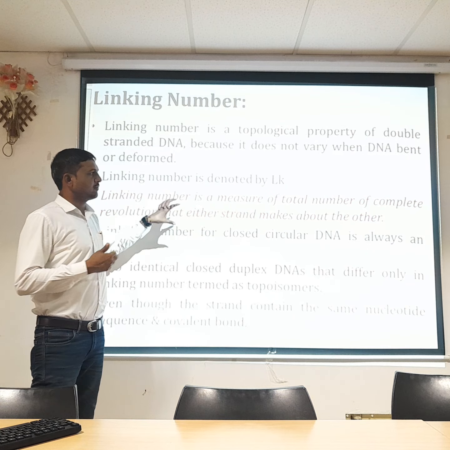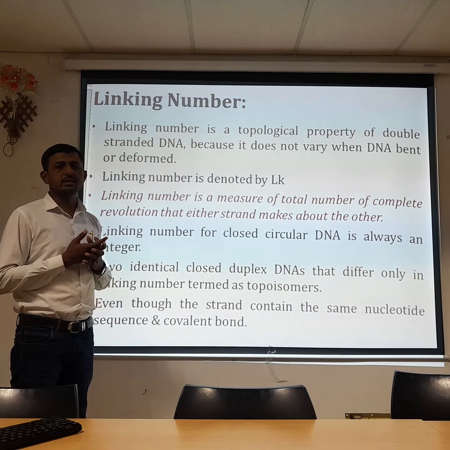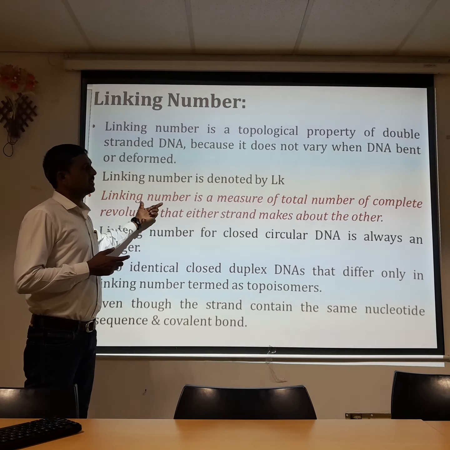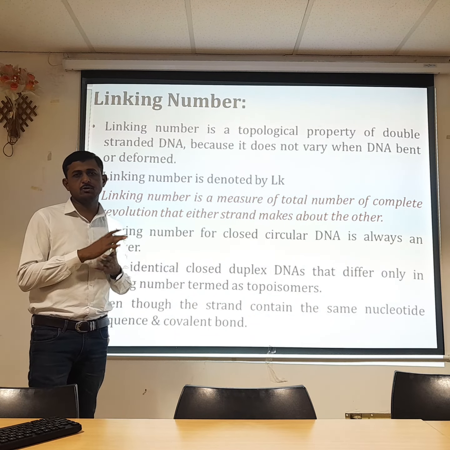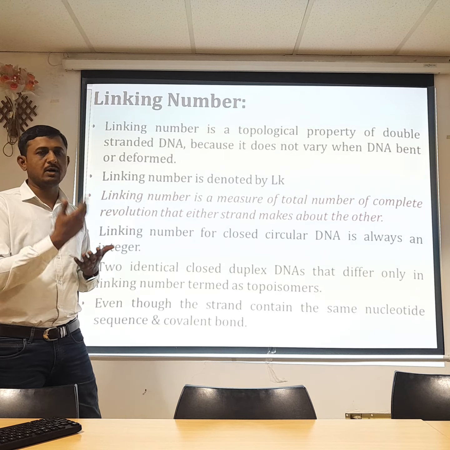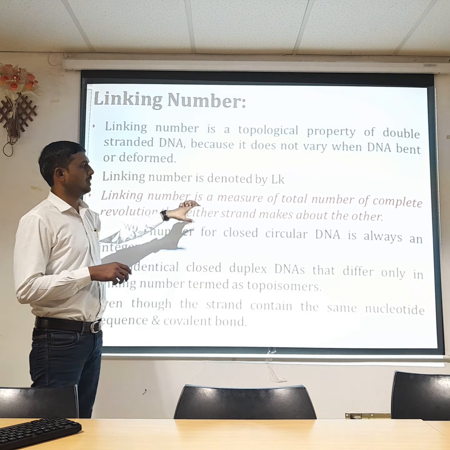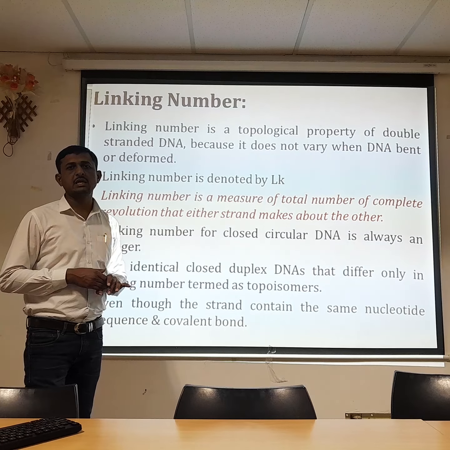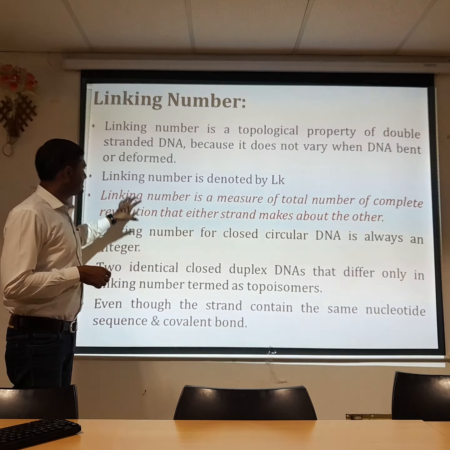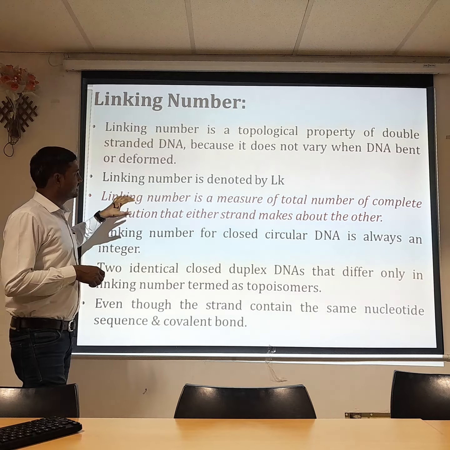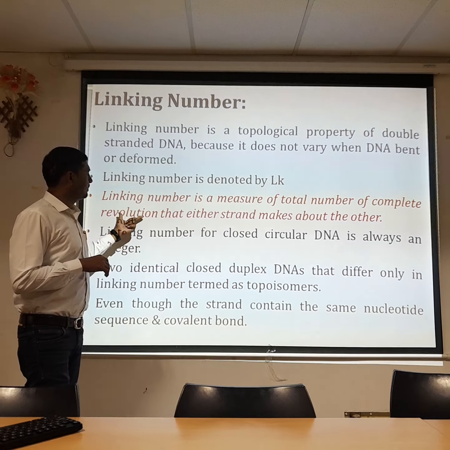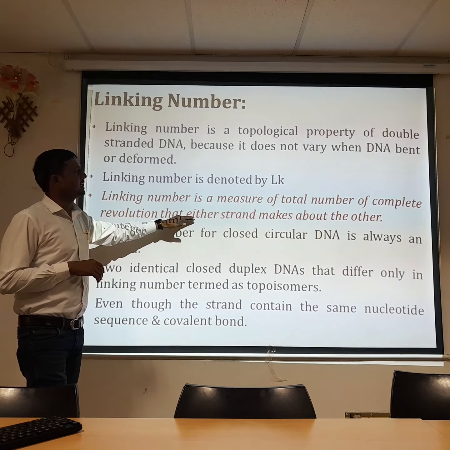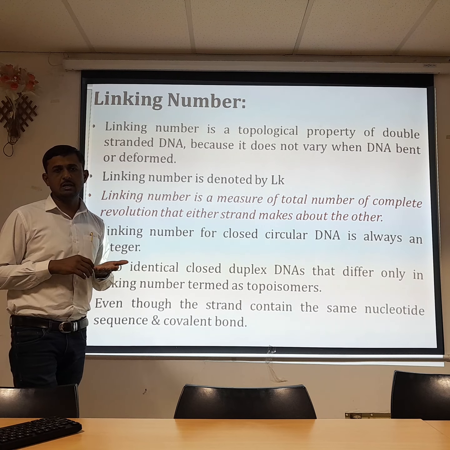So in a double-stranded DNA molecule, it is the total number of revolutions of one strand of DNA around the other, and that counting is called the linking number. That is the definition of linking number: a measure of the total number of complete revolutions that either strand makes with the other strand.